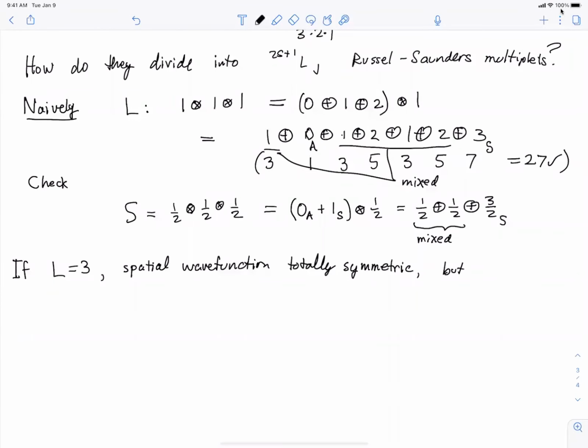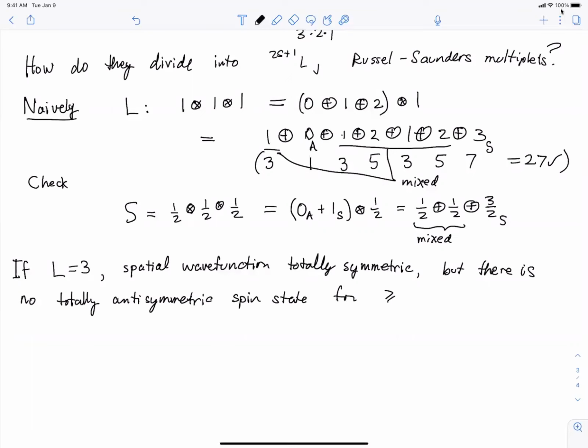There is no totally anti-symmetric spin state for actually anything more than 2 electrons, so for greater than or equal to 3 electrons.